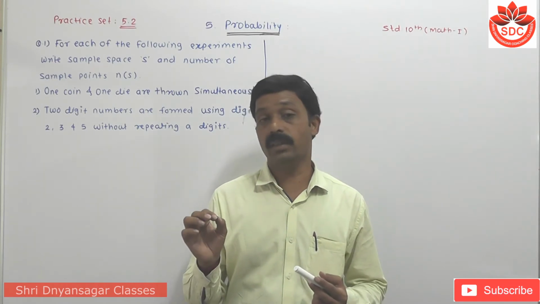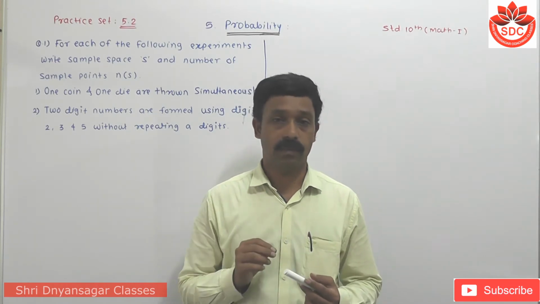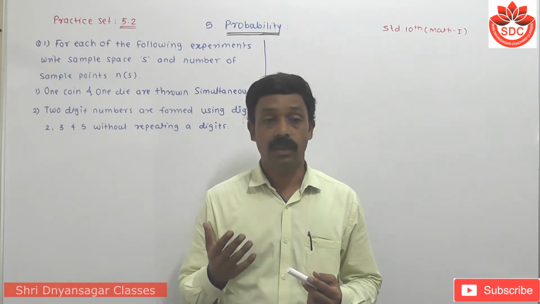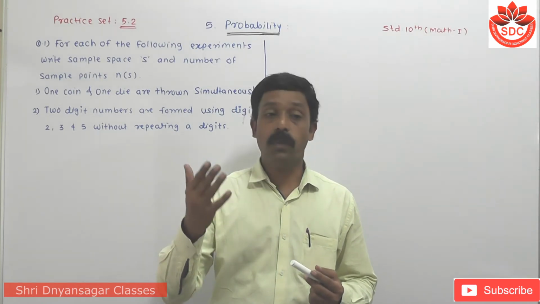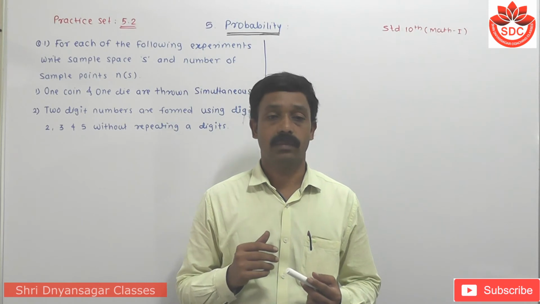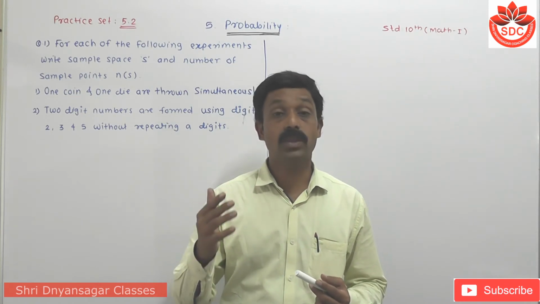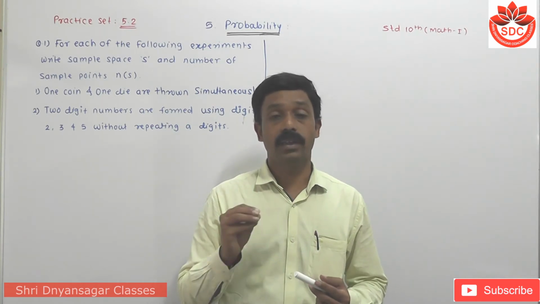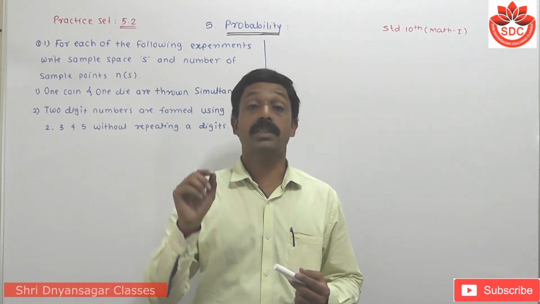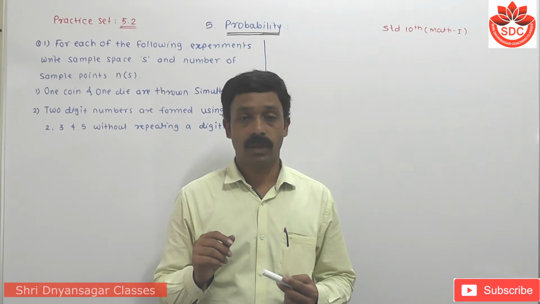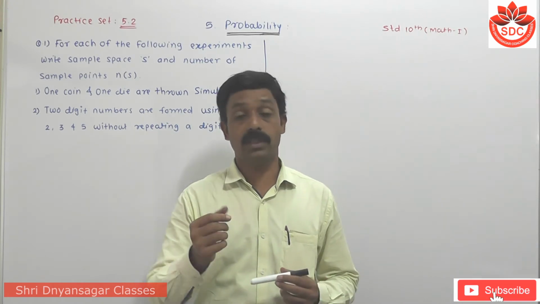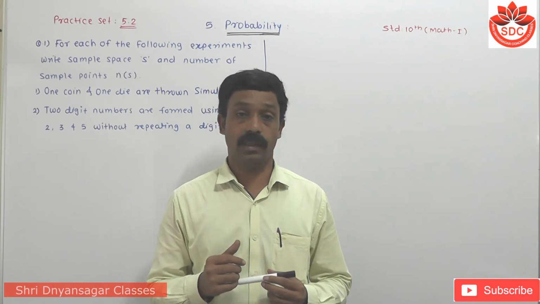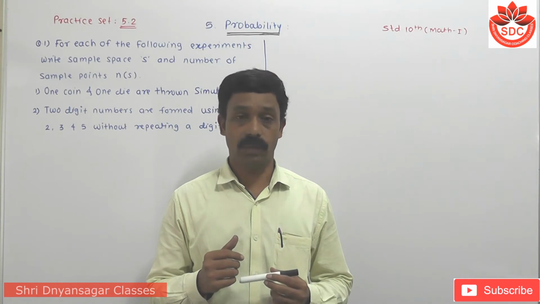The set of all these possible outcomes of the random experiment is called the sample space, and we have to use this sample space to solve the next practice set 5.2.